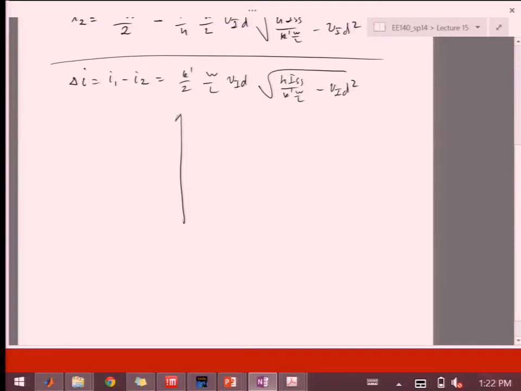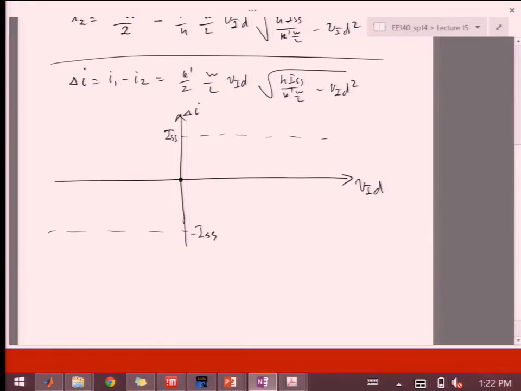You'll see what I'm talking about. So if I'm plotting delta I, just like we did last time for bipolar, versus VID, let's say we'll get a curve that goes through 0, the max value, and the min value will be ISS and minus ISS.